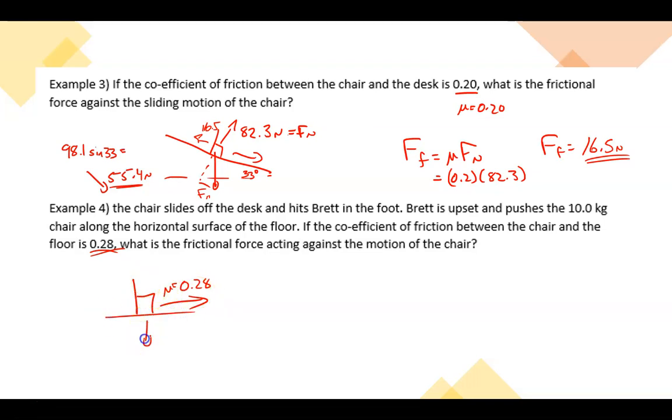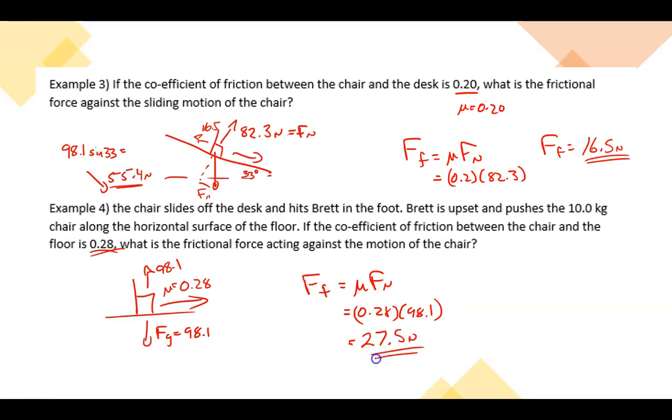But because we're now on the level surface, the force of gravity being 98.1 and the normal force being 98.1 means that the force of friction is equal to mu times the normal force, or 0.28 times 98.1, which gets you a force of 27.5 newtons. And again, we're not really surprised. The surfaces have changed, and it's going to be a little bit more solid. It should be expected we'd see more friction.